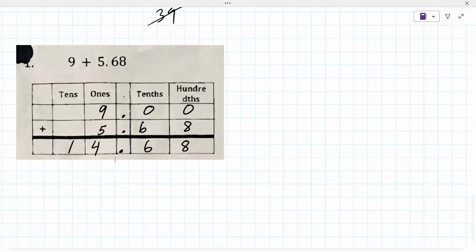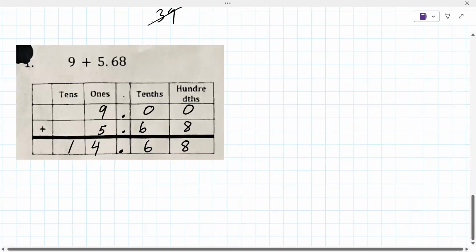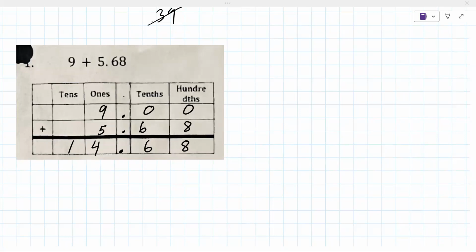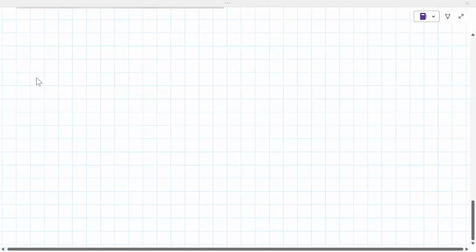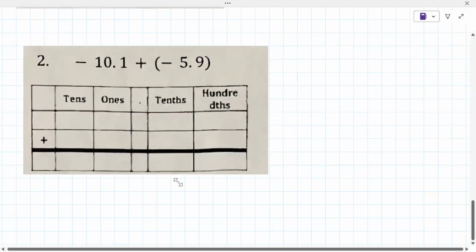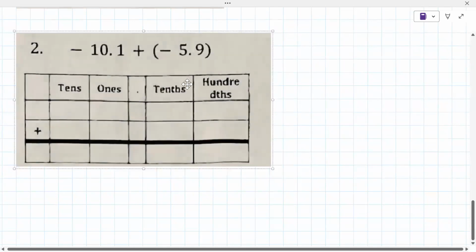All right. Now the next thing here is for problem number 2. I want you to look at it before I put it on the screen. Do you know if the answer is positive or negative? Positive. But they're both negative and you're adding. This isn't a negative plus a negative a positive? And a positive plus a negative is a negative.